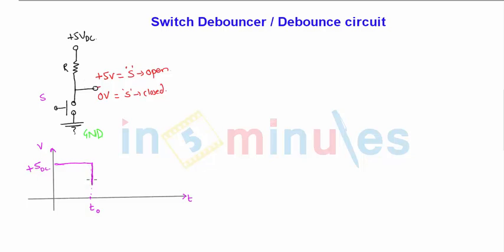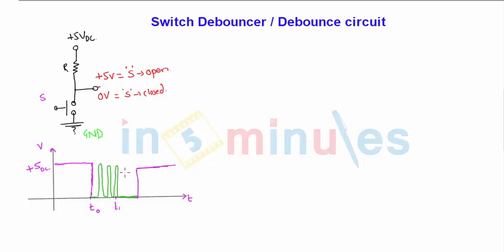shorted this to ground. But what happens is, until the time t1, the switch bounces back multiple times, and how many times exactly it bounces we don't know, and then it comes to rest. Afterwards you will once again get 5 volts.